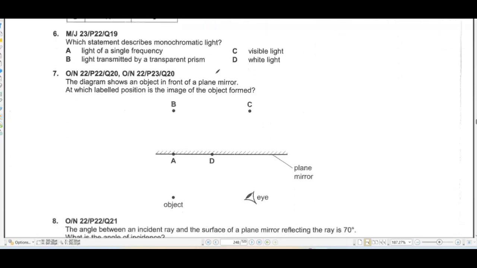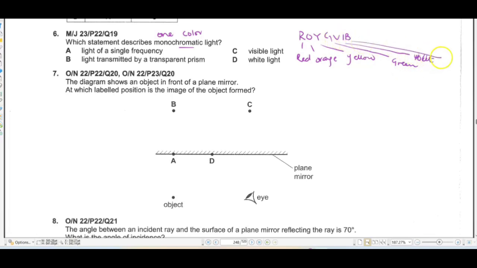Okay, question number 6. Which statement describes monochromatic light? Now, mono means one and chroma means color. So light of one color is monochromatic light. We know that visible light is made up of these colors: red, orange, yellow, green, violet, indigo, and blue.